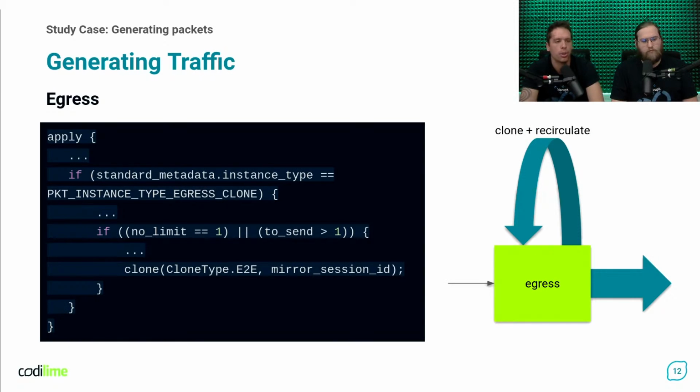This is the crucial piece of code that is responsible for artificially creating this while loop that I've talked about earlier. If the conditions for generating traffic are met, which is that either we're set to infinity or there's an amount of packets to send, we're cloning this packet and we're recirculating the clone packet to the beginning of the pipeline.